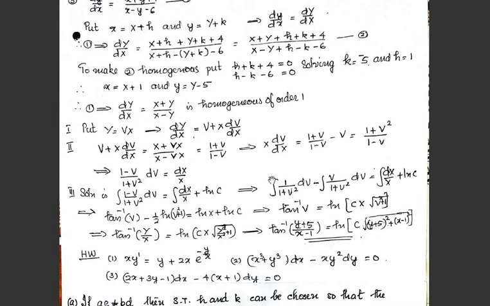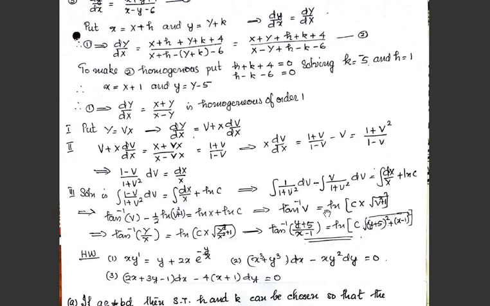See, the integral of this quantity is tan inverse v, and this one is the derivative form, so we get a factor of 2. So tan inverse v minus half of ln of (v square plus 1) equals ln X plus ln of c.